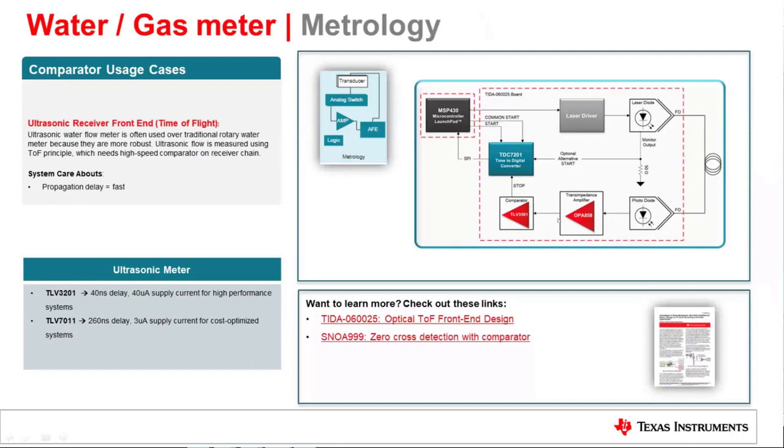So TLV3501, TLV3201, these are high-speed comparators with nanosecond propagation delay. These aren't per se very new devices. They're about 3 to 5 years old, but still very competitive in the market. And I've also included the 7011 at 260 nanoseconds. So really, you have your pick of the litter. You can pick anything as fast as 1 nanosecond all the way into the microsecond range.